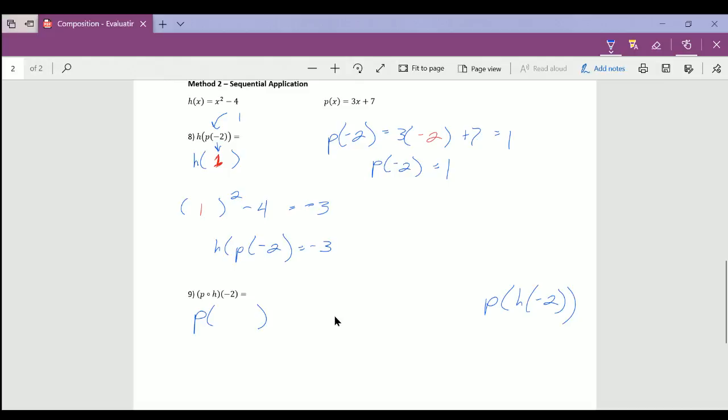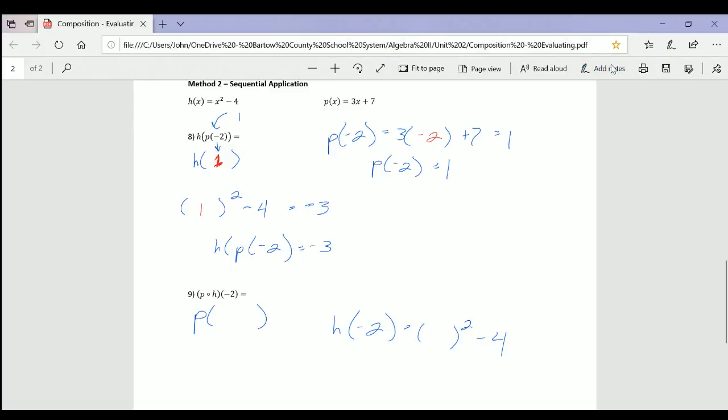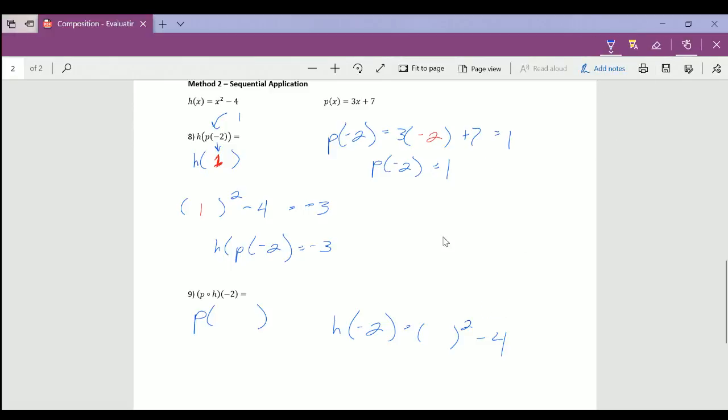But either way, we do need to find h of -2. All right. So empty parentheses, squared minus 4. This is one of those places where having the parentheses really makes a difference.